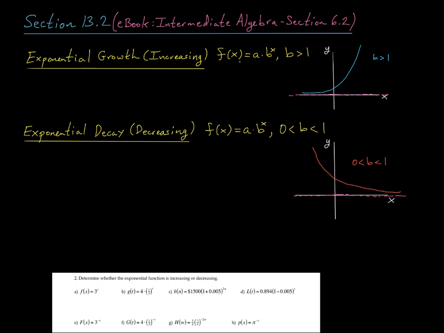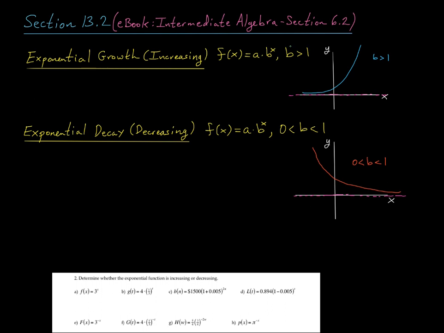So if I have an exponential function, a times b raised to the x power, and our base b is larger than 1, so think about our base, say, equaling 1.25. Well, if that were the case, then I'd be repeatedly multiplying by 1.25, which would in turn be applying a 25% increase to the previous output to get the new output.